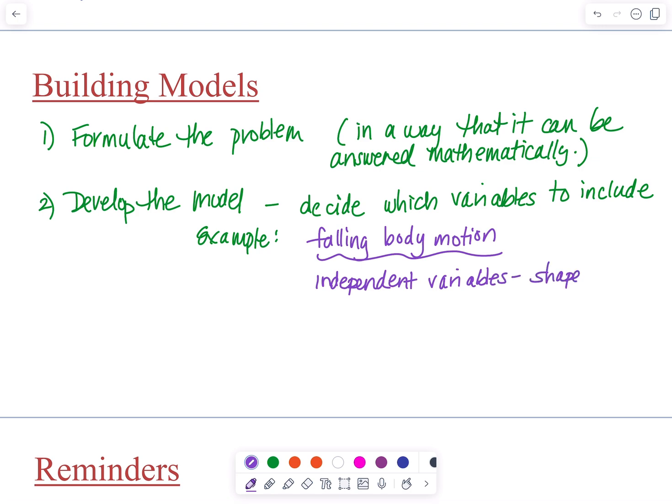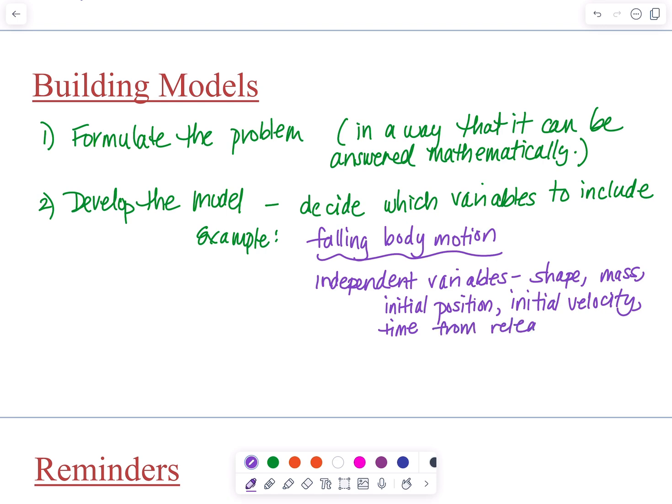The shape, the mass, the initial position, initial velocity, and time. So those are going to be our possible independent variables.